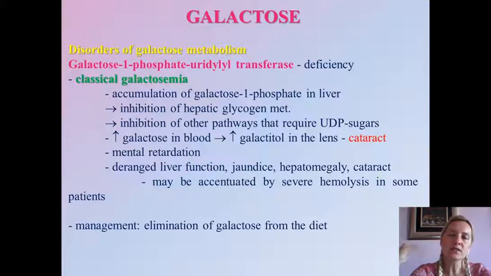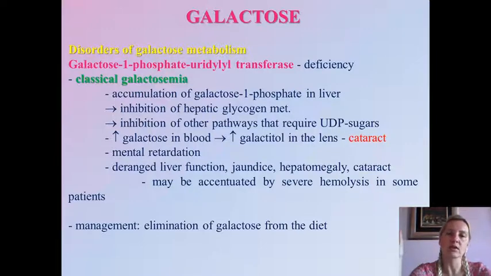As a result of insufficient catabolism of galactose, the concentration of galactose rises in blood, and that leads to an increased reduction of galactose to galactitol in the lens, which again results in the formation of cataract. Also, galactosemia is manifested by irreversible mental retardation, which requires an immediate diagnosis, done immediately after childbirth.